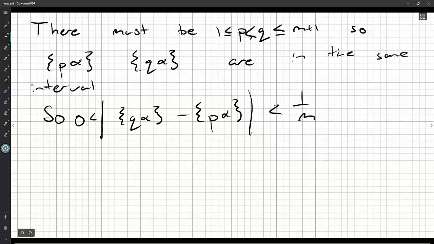Well, let's say this. We see P is less than Q, so P alpha is less than Q alpha.